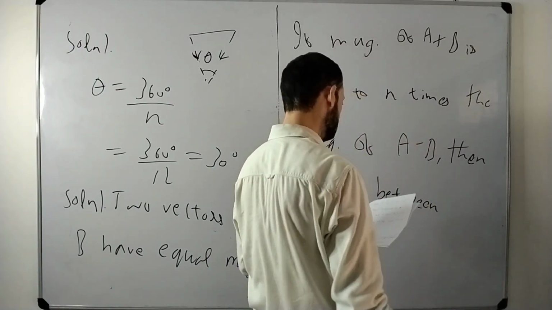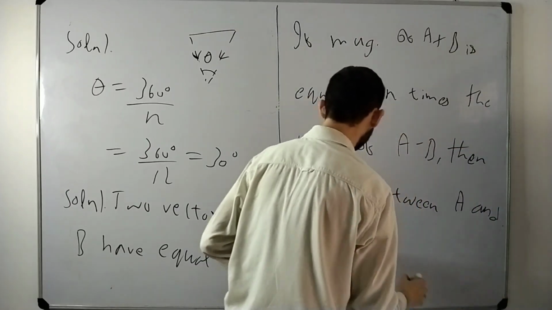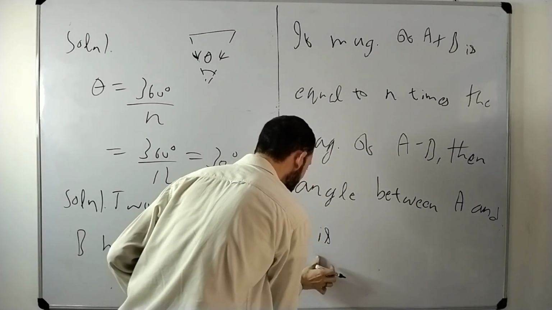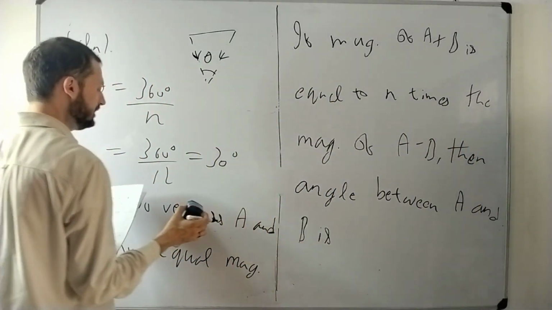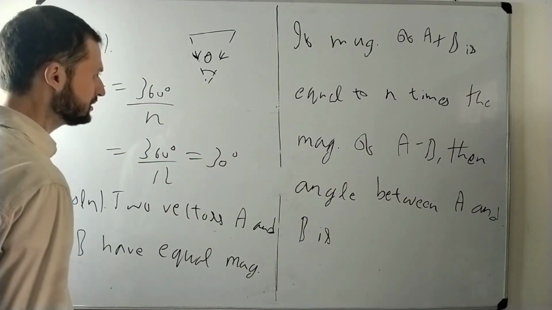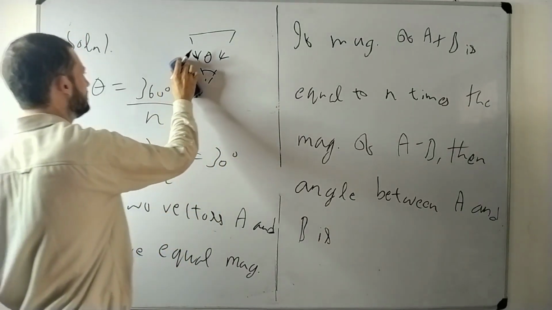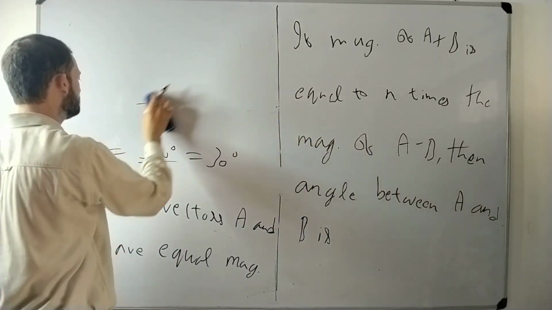Then the angle between A and B is... so let's return to the question. We have A and B of equal magnitude and the magnitude of A plus B happens to be n times that of A minus B. So this is the general case now, students.